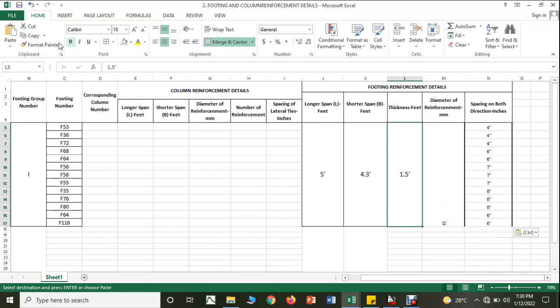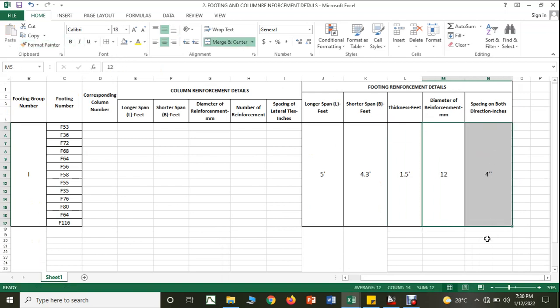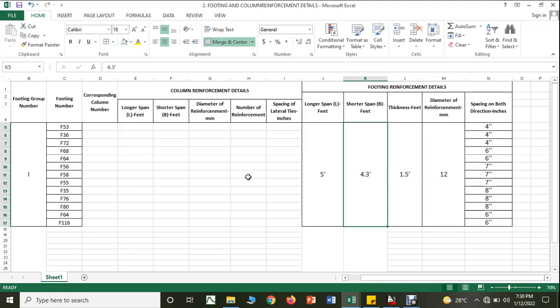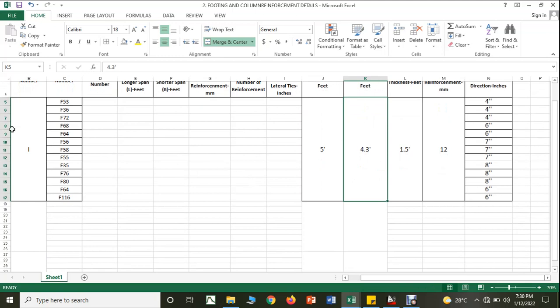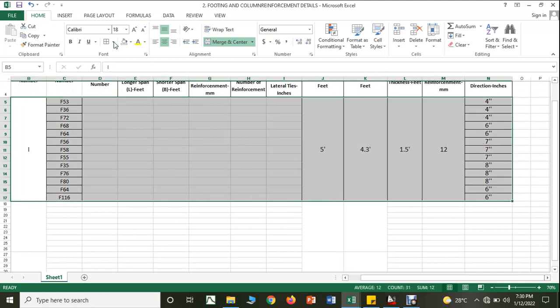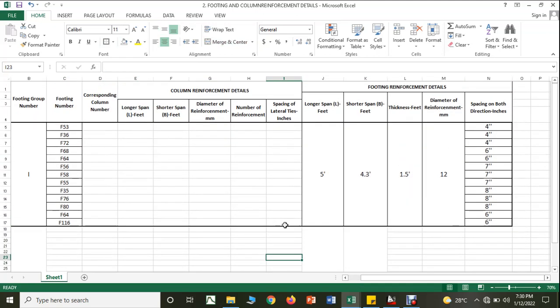Okay. So this is one entire set of grouping.